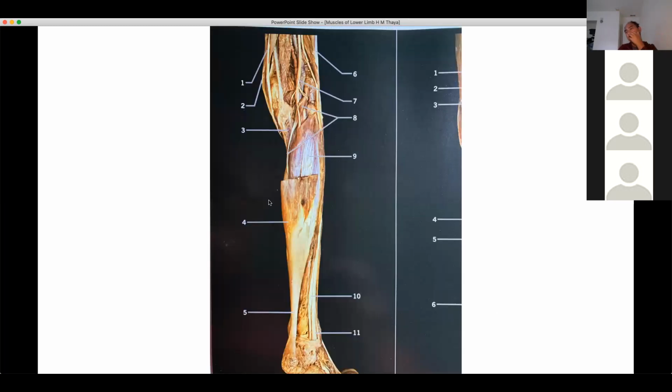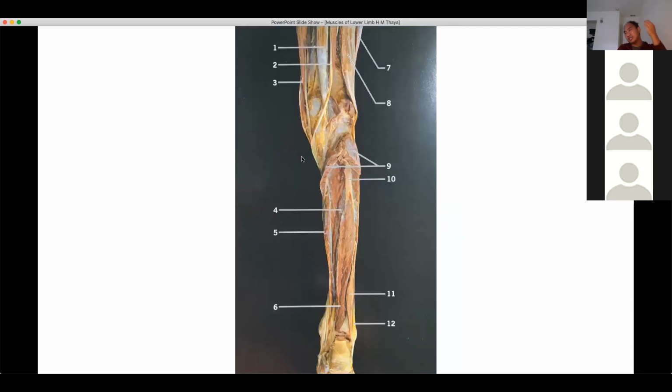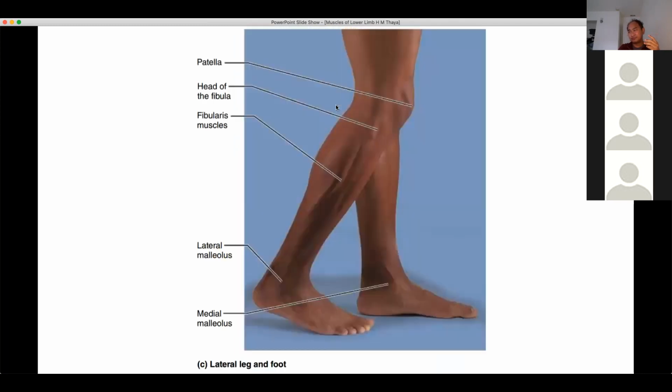Now I'm just going to take the gastrocnemius head off, and I can see the soleus muscle. This is like getting deeper and deeper. And now we are seeing the common peroneal nerve, this tibial nerve, and that's the big nerve and the deeper structure in the back of the knee.